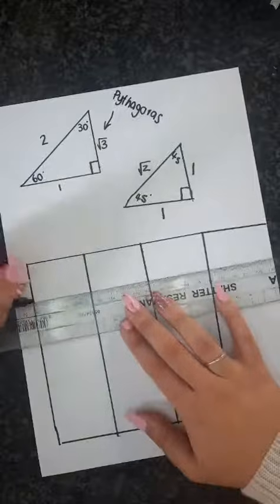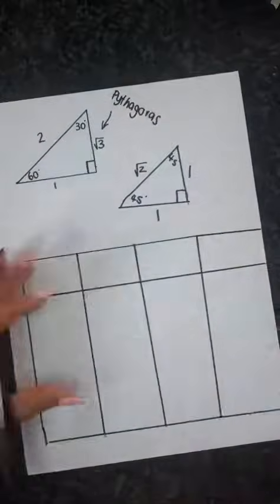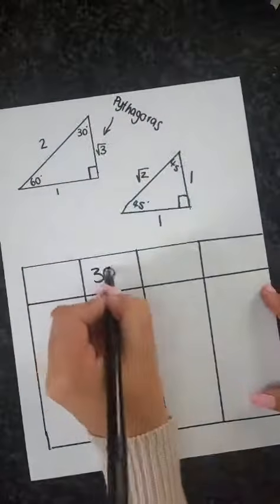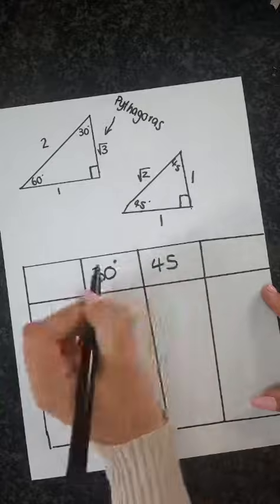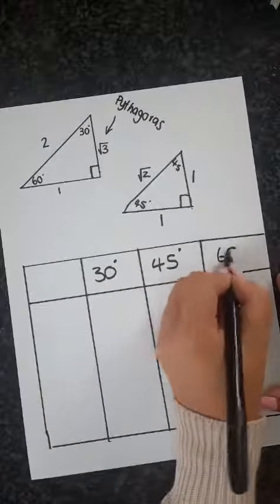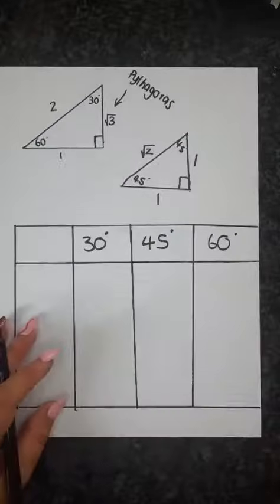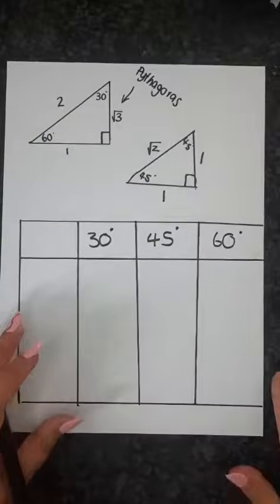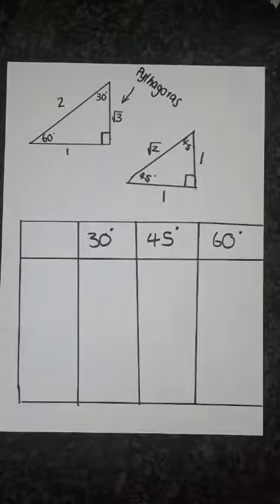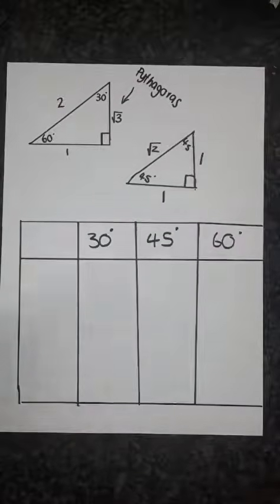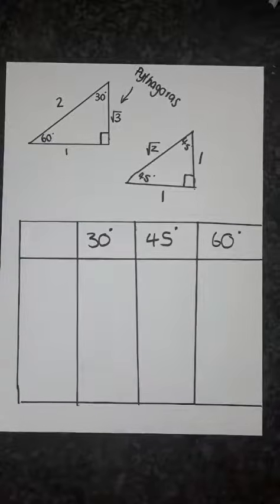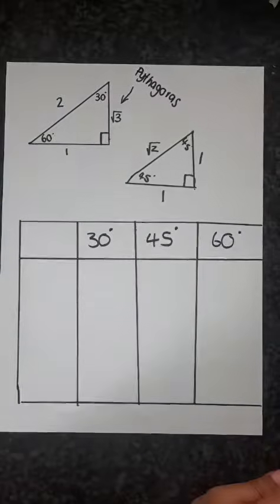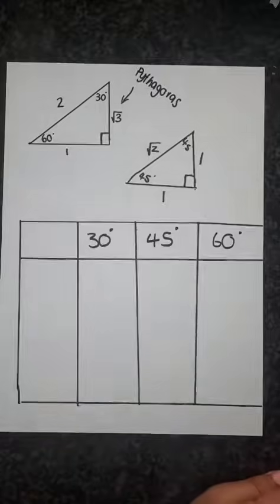My special angles are 30, 45, and 60. Sorry, those are supposed to be degree signs. Now, they are special angles because I can use them to calculate the value of trig ratios. The following triangles can be used to determine the value of my trig ratios.